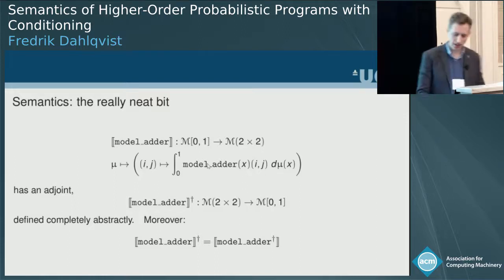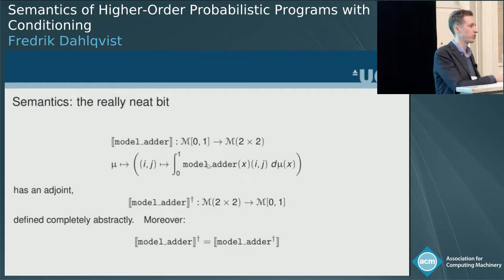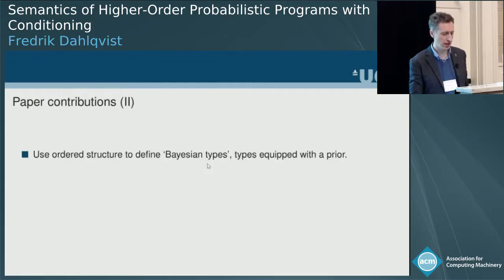Okay, so that means that fundamentally I don't have to resort to Bayes' law, at least abstractly, to define what it means to compute the conditioned version of a program. Okay, it comes kind of for free from the mathematical universe.